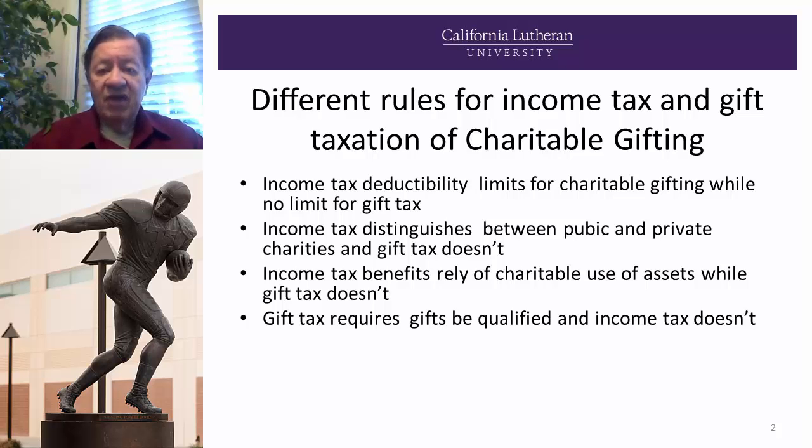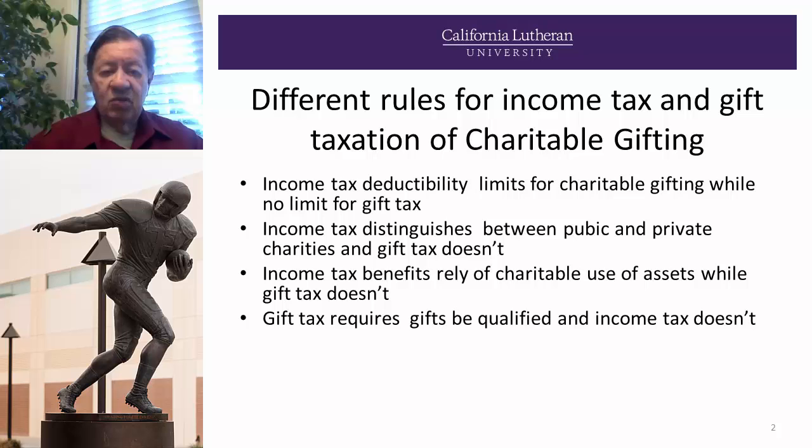Well, for gift tax purposes, there is no limit. There's a 50%, 30% limit, I think, of adjusted gross income on the tax return for tax deductions in a year, but for gifting, there is no limit.